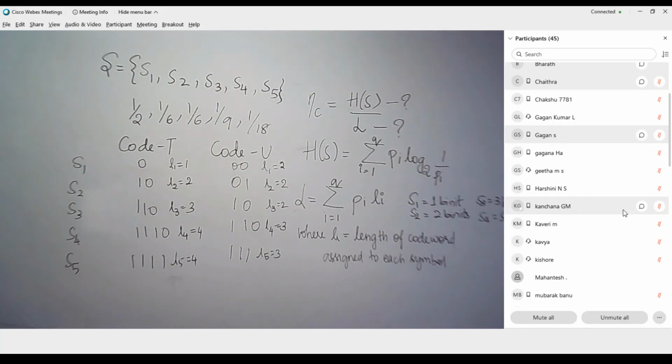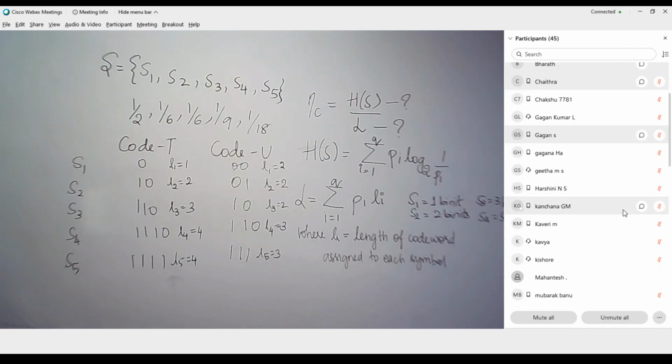1.944. Okay, fine, the entropy is fine. Average length? 2, ma'am. Okay, correct. So you will see that the L value is greater than HS, which is evident from the evaluated values.